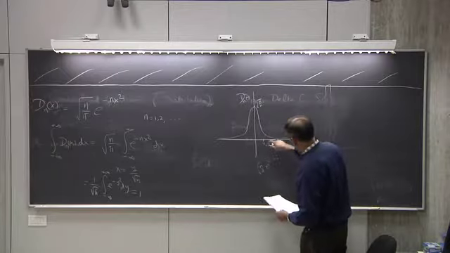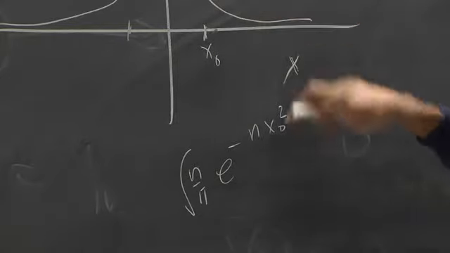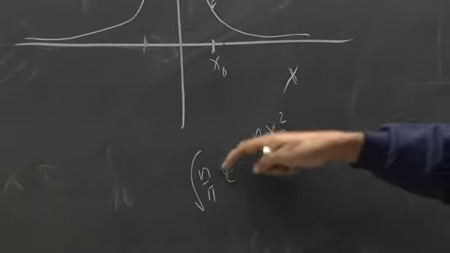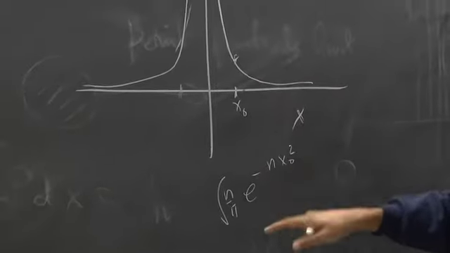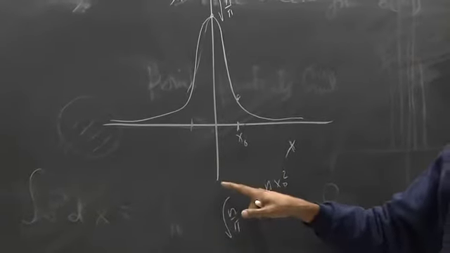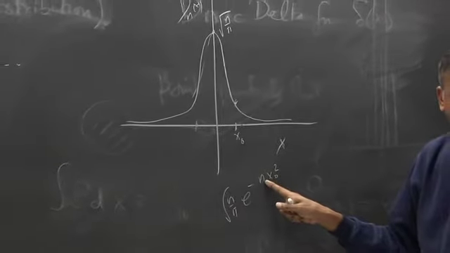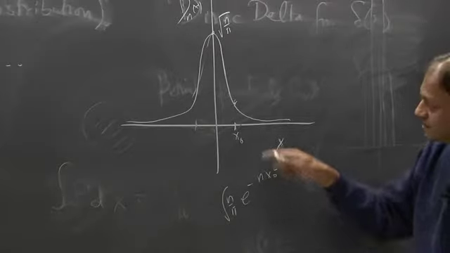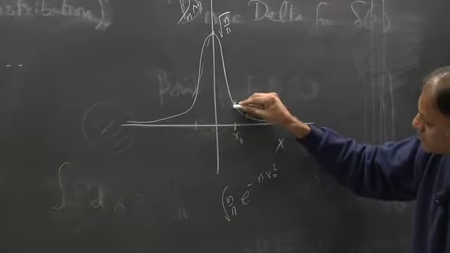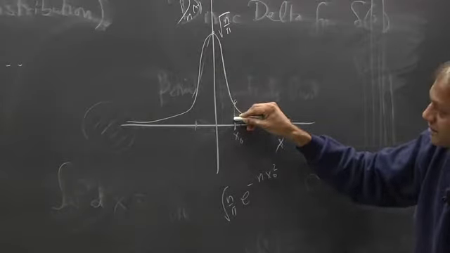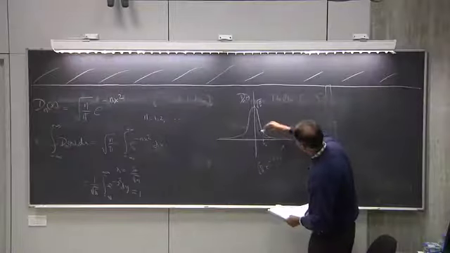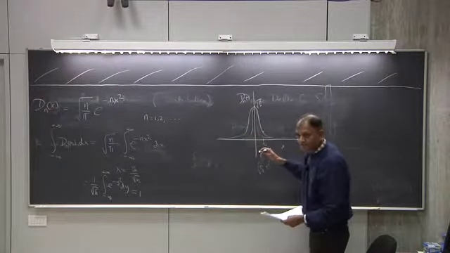Even though the prefactor increases, the exponential dies off much faster for large n, so the value is going to come down. That means this whole thing becomes more and more sharply peaked as you increase n.